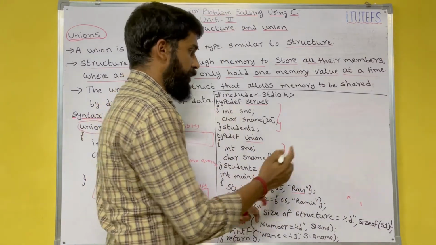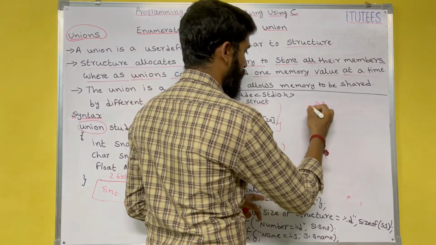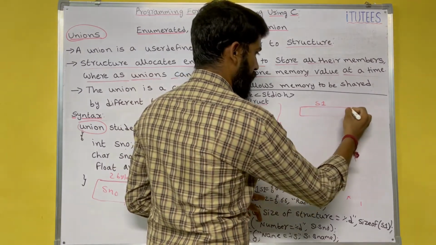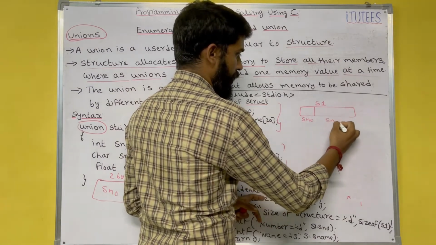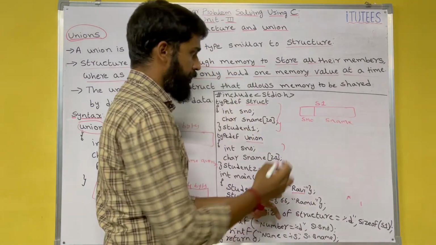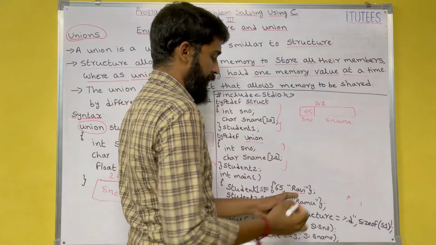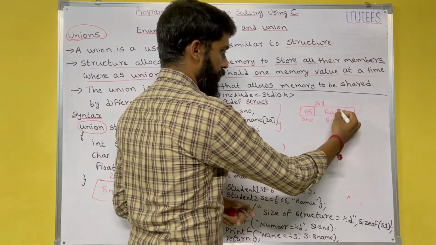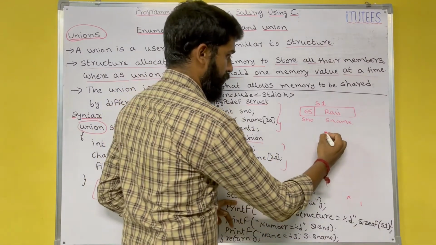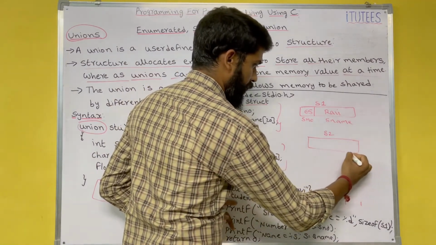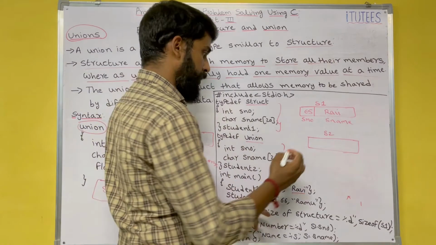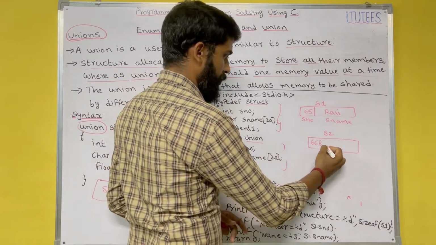Student S1, that means S1 is the object. Now in this, one is student number, another one is student name: 65 and the S name is Ravi. Similarly S2, which is the union, has only one memory location: 66 and Ramu.